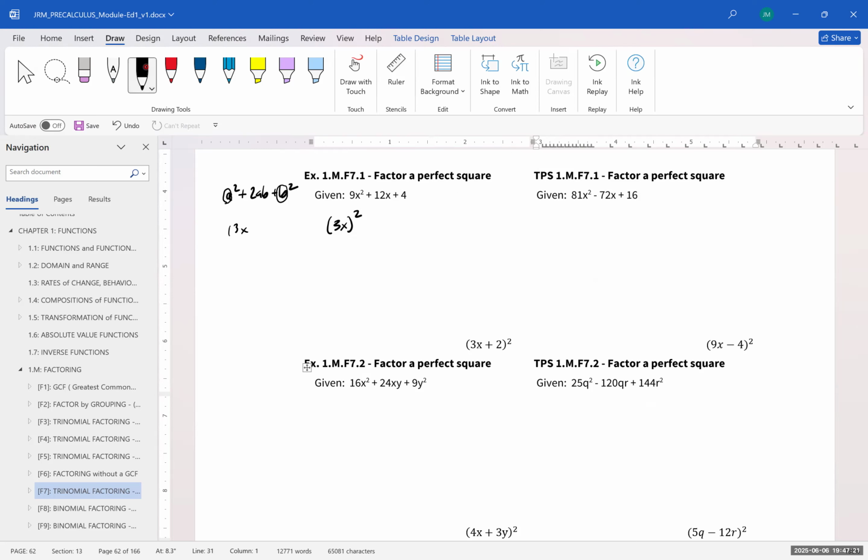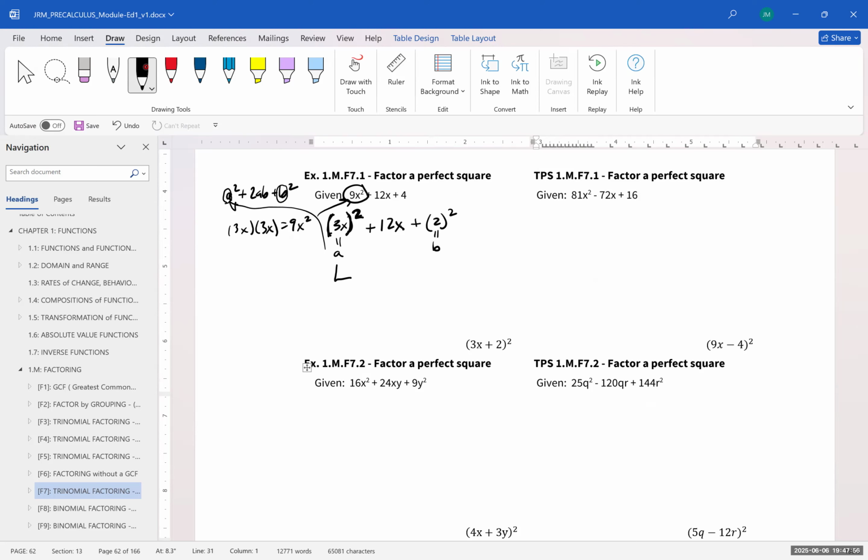Because 3x times 3x gives us 9x squared. But we have to be able to write 9x squared as some quantity, some term squared, because this will become our value of A in order for this to fit this form. Okay, then we've got plus 12x, and then 4 we can write as 2 squared. So this value of 2 is our B.